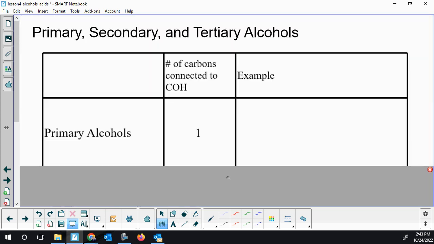I've got the secondary and tertiary rows hidden. Primary alcohols, I'll explain this better in a second. There is 1 carbon connected to the COH. So there's a carbon to a hydroxyl group, and there's 1 other carbon coming off that, is our definition of primary. Now give yourself lots of space to draw in the example that I'll do shortly.